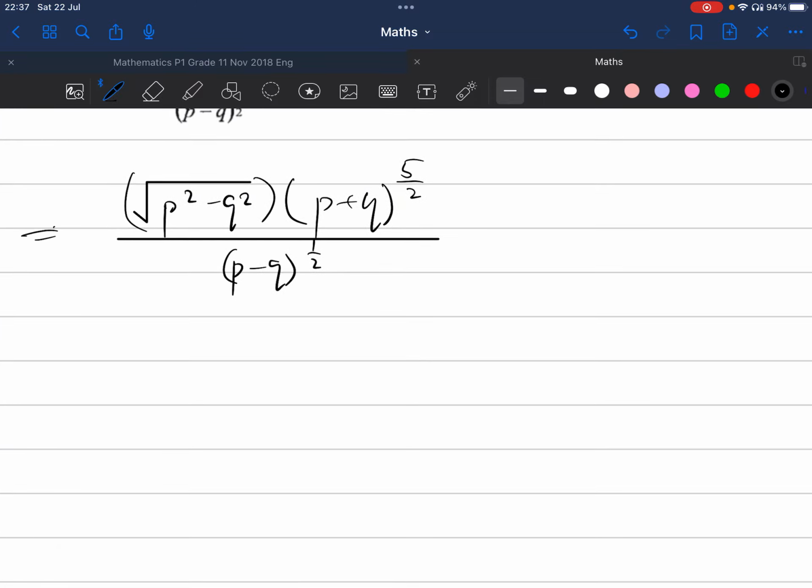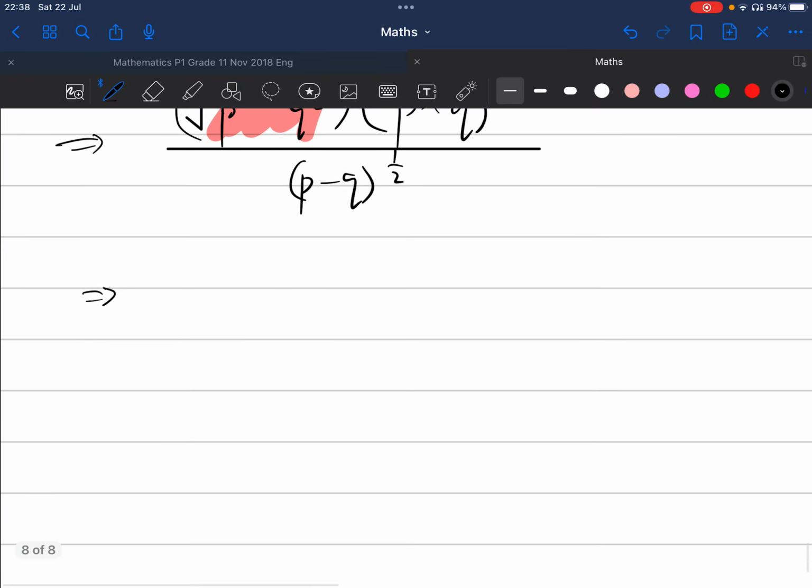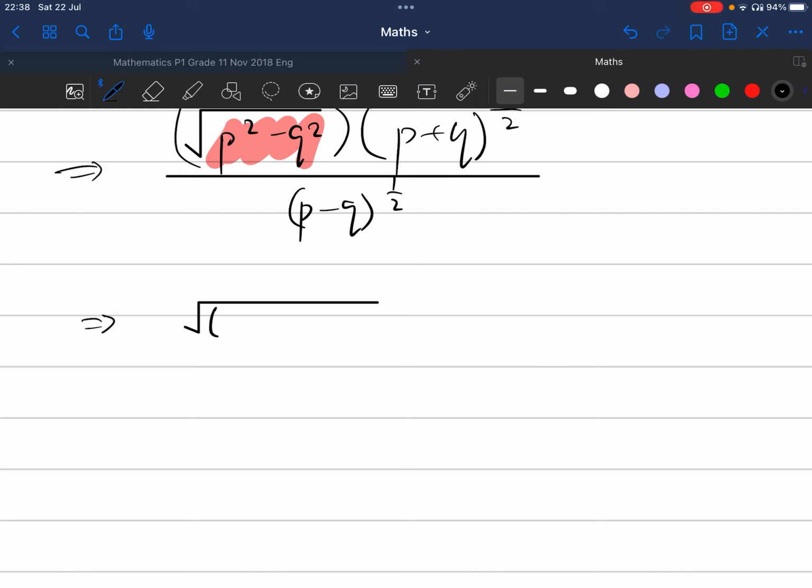Now let's start by looking at this. If you look at that, that should immediately remind you of difference of two squares. So root, and then (p plus q)(p minus q).